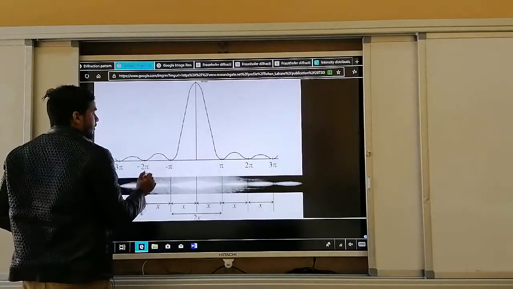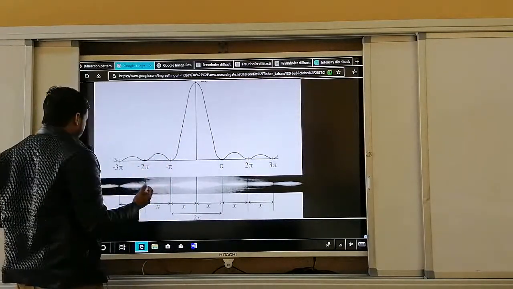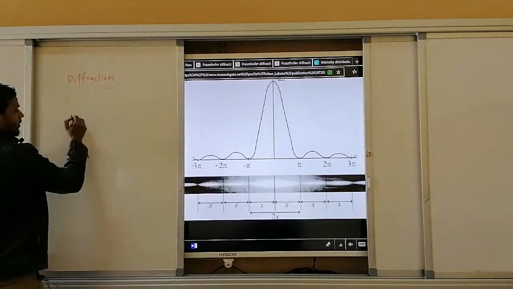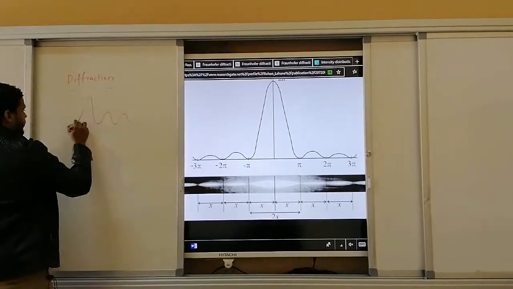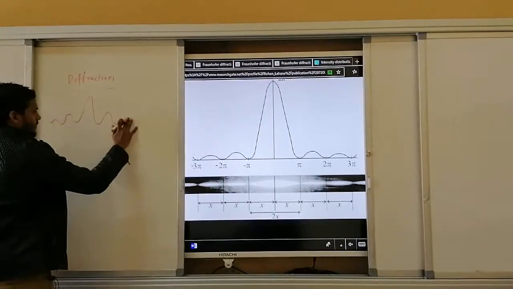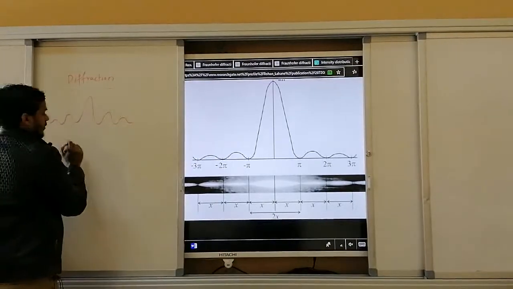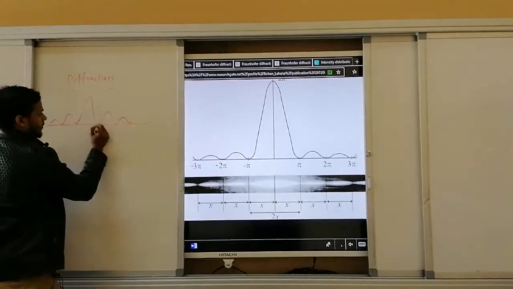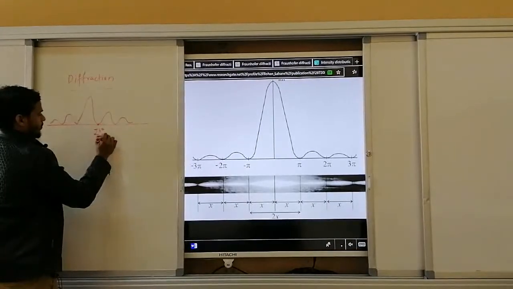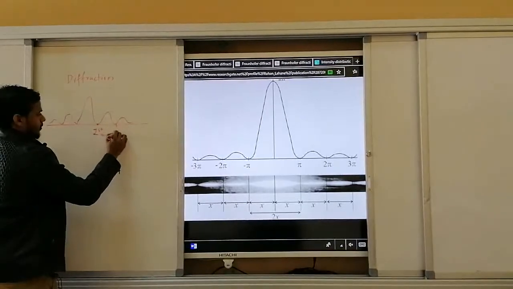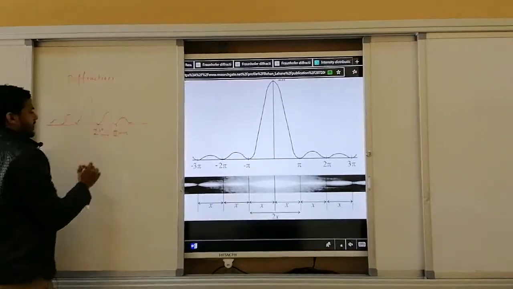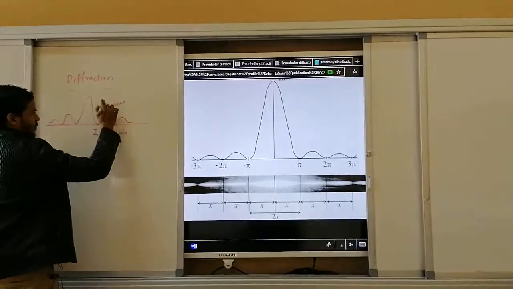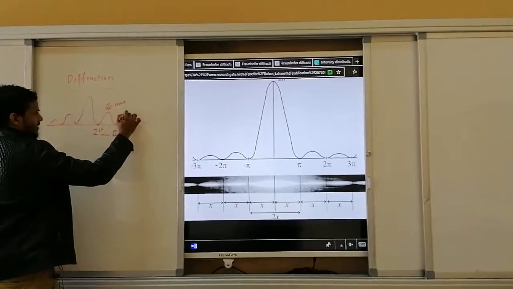Now I will give you the names. This is the first minimum, this is the second minimum, this is the central maximum, this is the secondary maximum, and this is the third maximum.